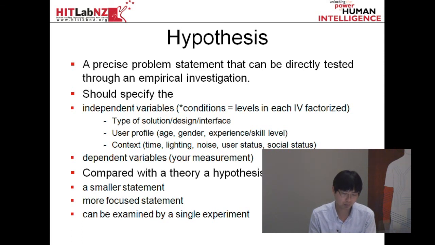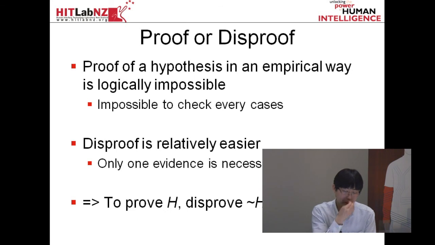So in your user experiment, it's not necessary to have only one hypothesis; you can have multiple hypotheses depending on how many different measurements and independent variables or conditions you have. Usually you define one main hypothesis, which is of most interest, and then you define additional hypotheses.